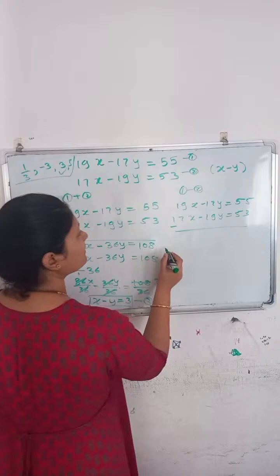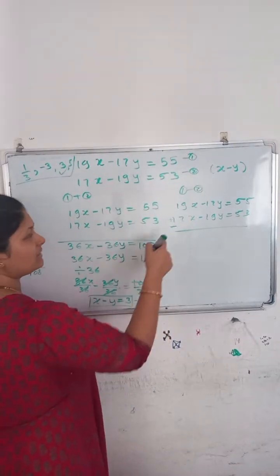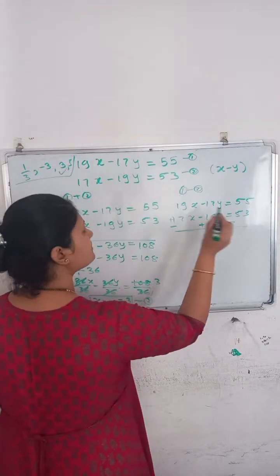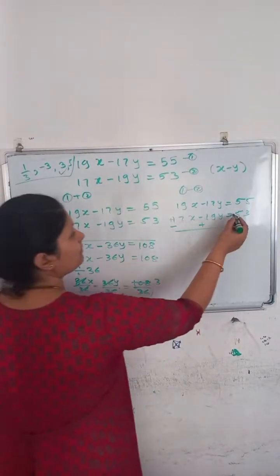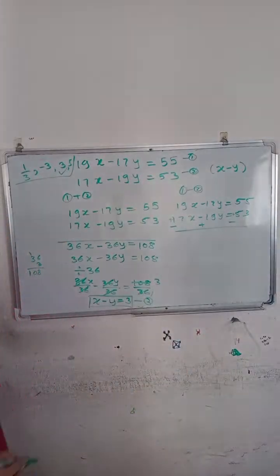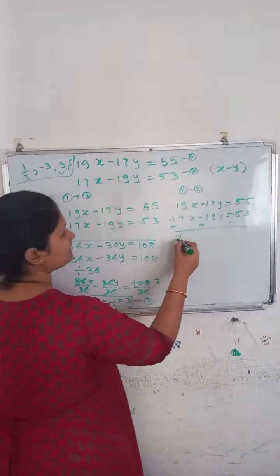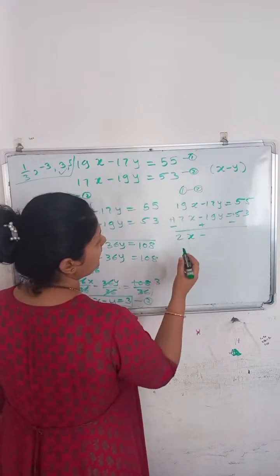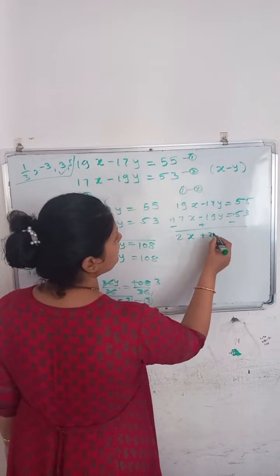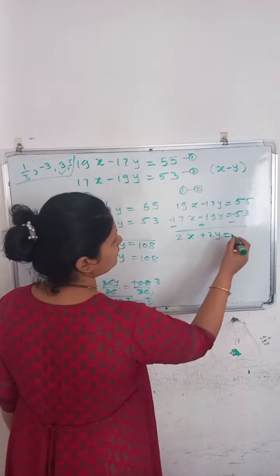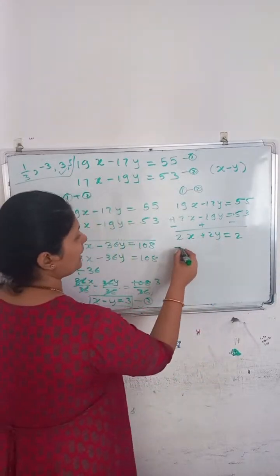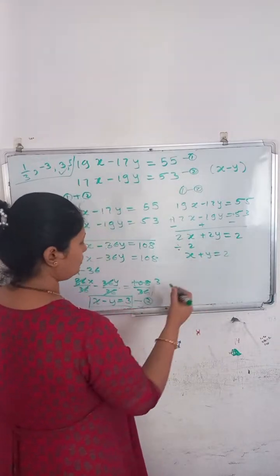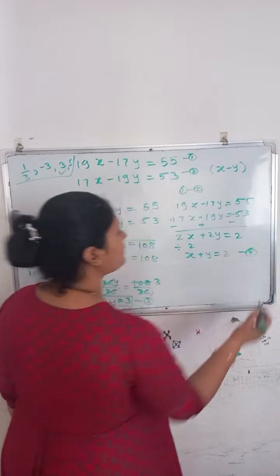For subtraction, the signs change. So 19 minus 17 is 2x, and here we will also get plus 2y is equal to 2. Again I will divide each term by 2, then I get x plus y is equal to 2. So this is my equation number 4.